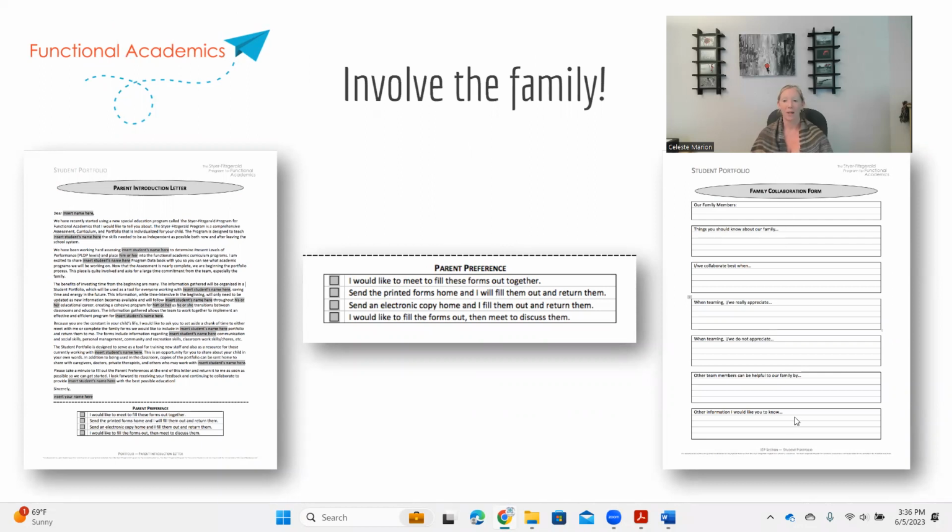And then here's a family collaboration form. Here's a few things that you should know about us, our family members. I best collaborate when, in training, I really appreciate, etc. So this is an amazing opportunity to really open up that relationship and that line of communication with your families to let them know what you intend to do with the student in the classroom and how you can support the goals of the family that are already there.